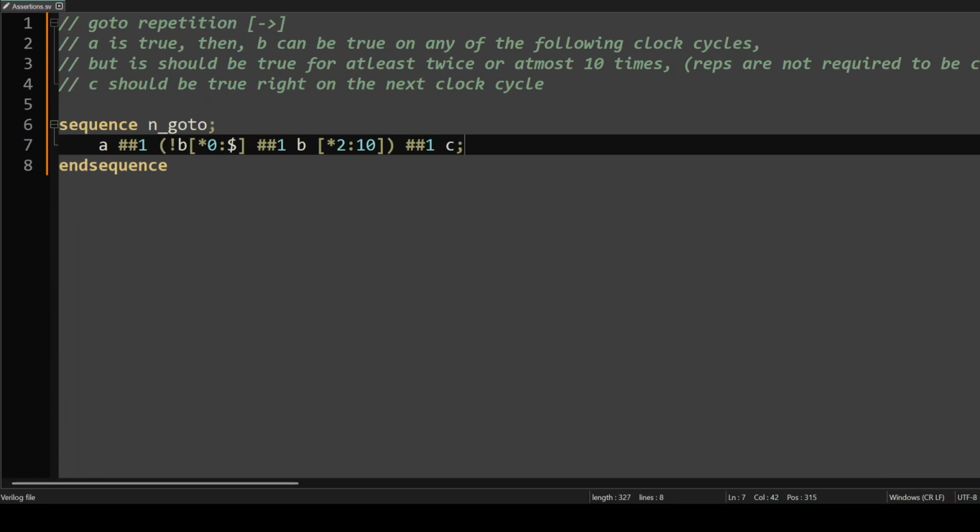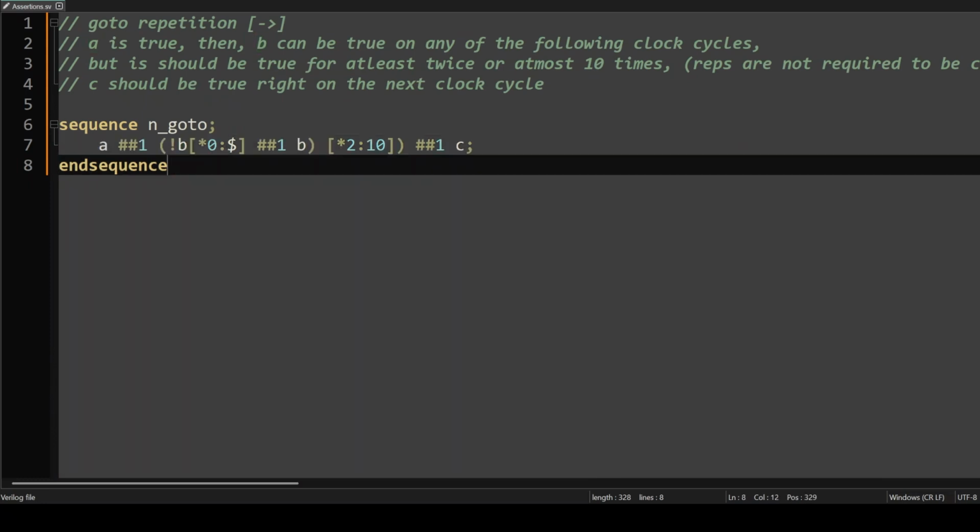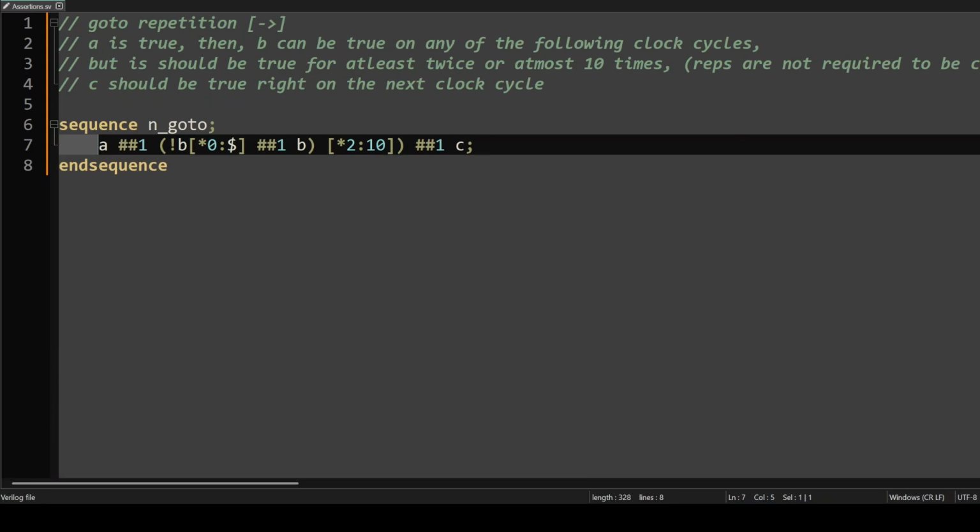I forgot a bracket right here. So try to understand this. This is a condition for a single B being true. B could appear right after A, and it could also appear 2 or 3 clock cycles after A. To satisfy that condition, we are writing that B could be false either for 0 times or for multiple times, and then B could be true.